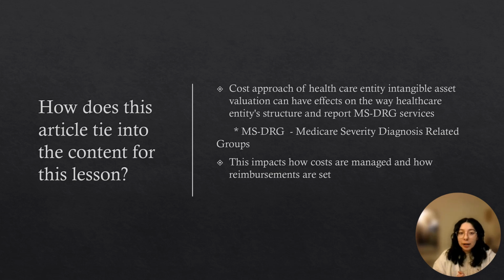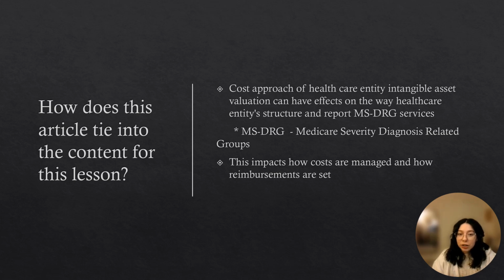So how does this article tie into the content for this lesson? In this week's lesson, we learned about MS-DRGs and how the system is used to classify hospital cases into groups for the purposes of payment based on diagnosis, treatment, and resource utilization.